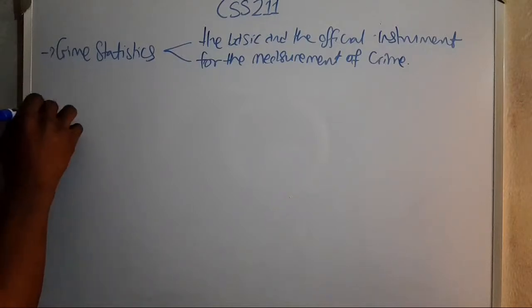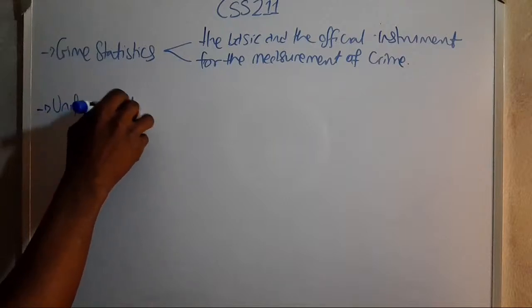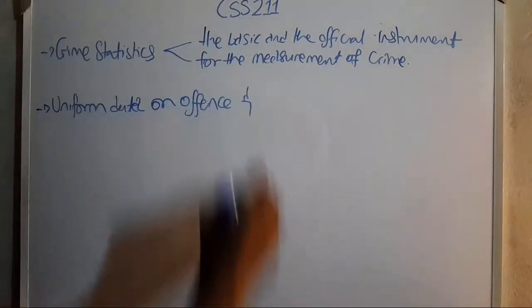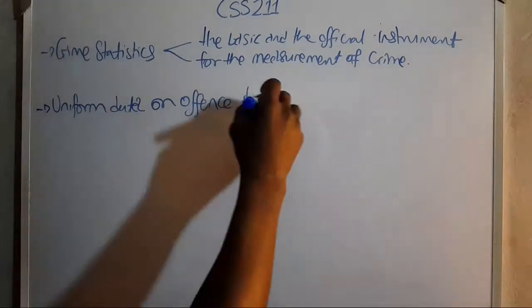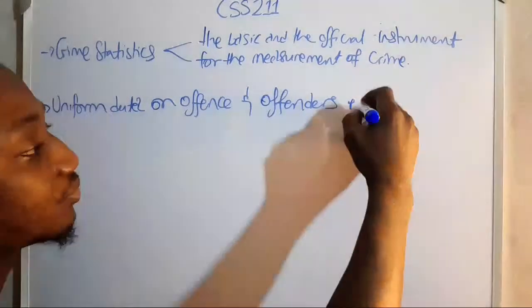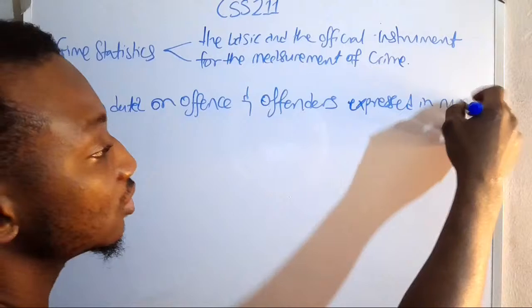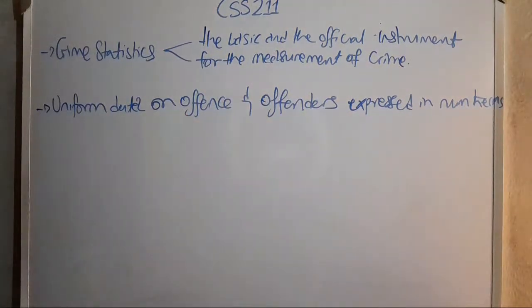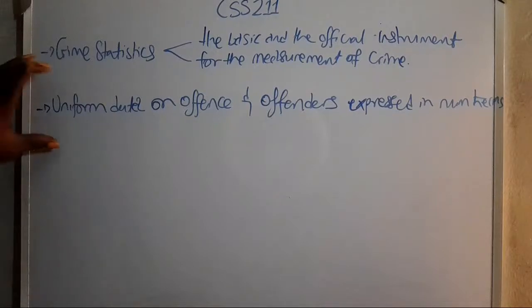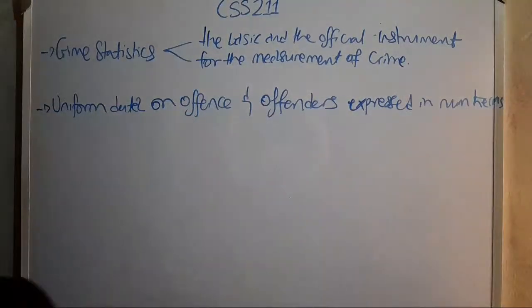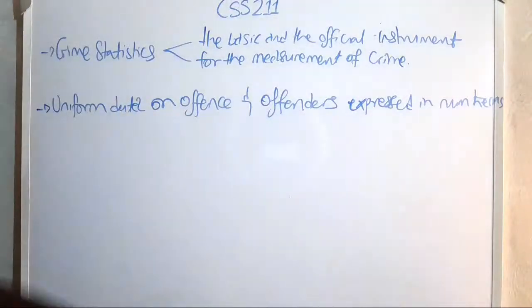So basically, uniform data is data that are together, data that you can marry together, data that matches the cohesion between the data on offense and offenders, expressed in numeric terms. So that is the statistics.